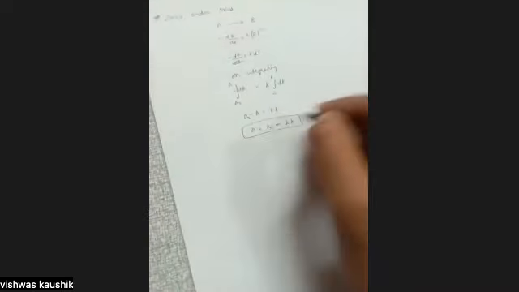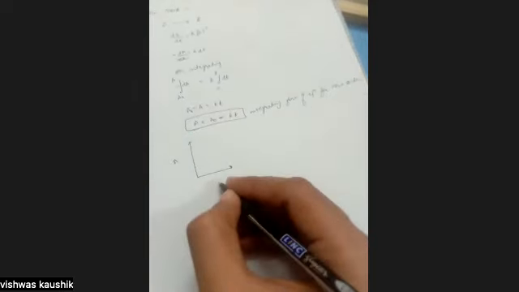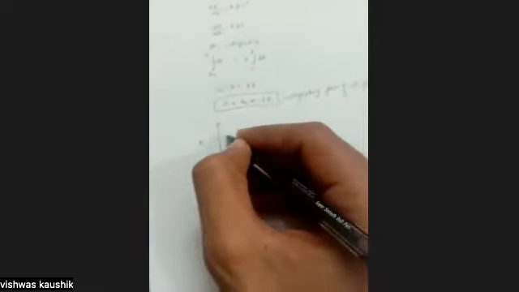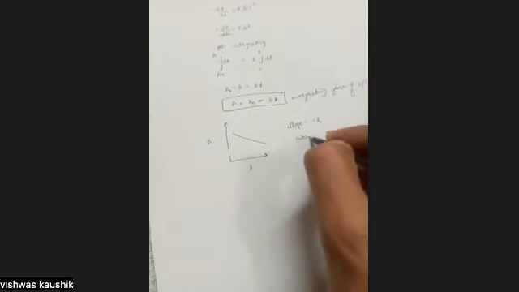So this is the integrated form of the equation for zero order. Now, if we plot the graph between A and t, it will be a straight line graph with slope equal to minus k and intercept will be A naught, the initial concentration of the reactant.